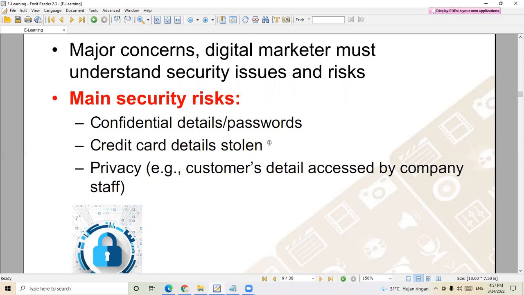For example, if there is a data breach in the company when we are doing digital marketing, or there is an attack, and a lot of customers' data are stolen, that would ruin our digital marketing efforts, right?